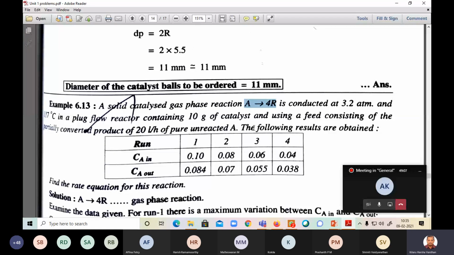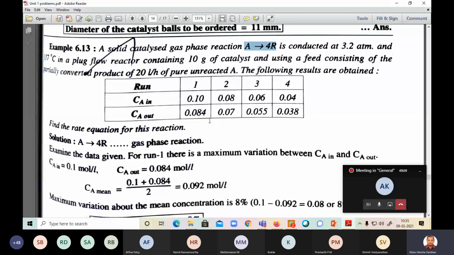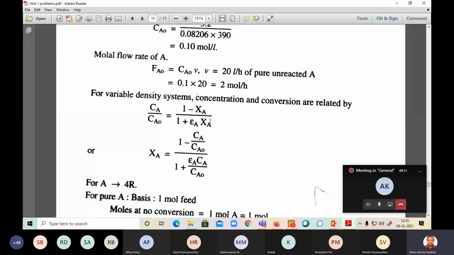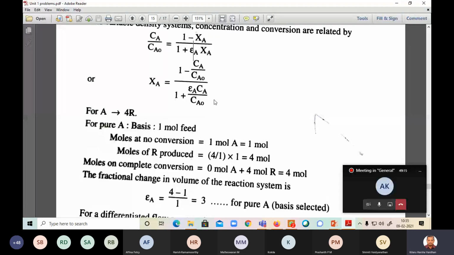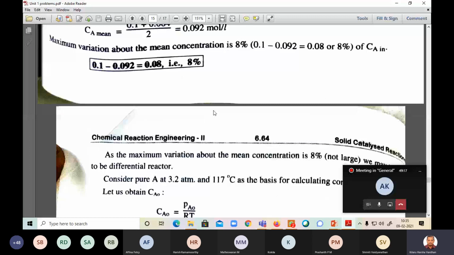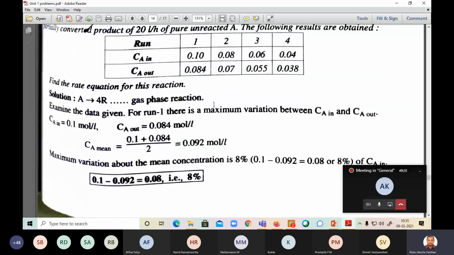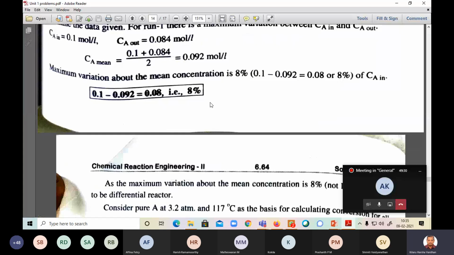Therefore, you have to take the expansion factor epsilon A into the picture. So you do this problem also, because only the equation is different. W, the rest of the thing is going to be the same, just like what you did in the previous homogeneous problem. Try to do it. If any difficulty is there, let me know, right?